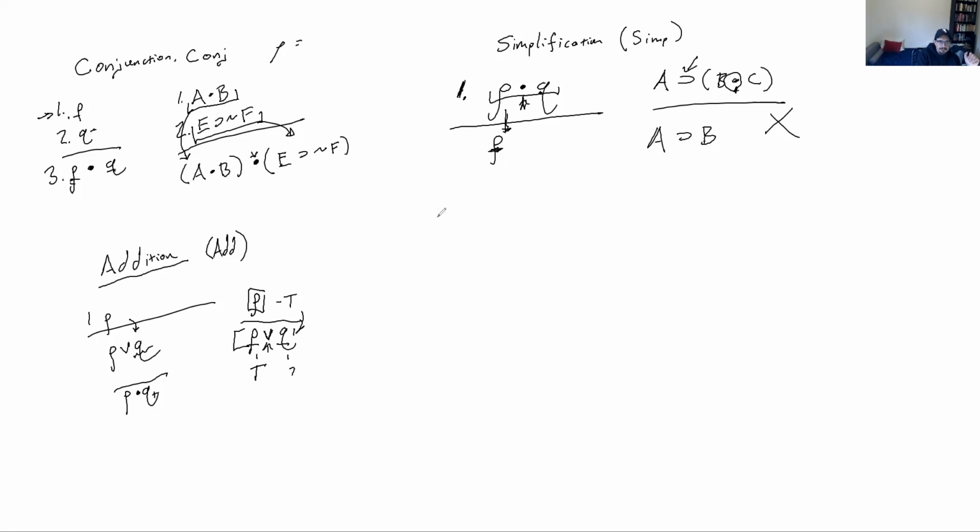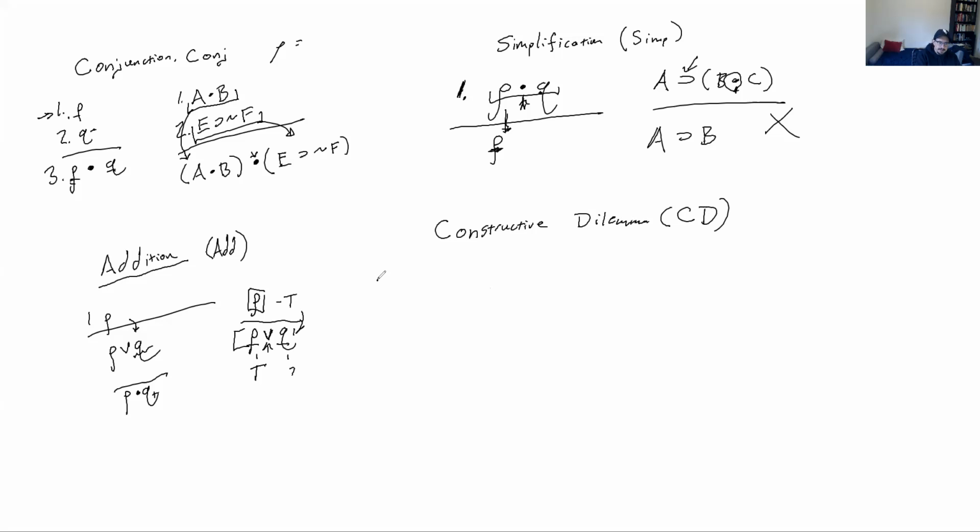Let's look at the last rule that's in our book in chapter 19. Constructive dilemma. This one's abbreviation is simply CD. Constructive dilemma is kind of like a double modus ponens. And so remember modus ponens.